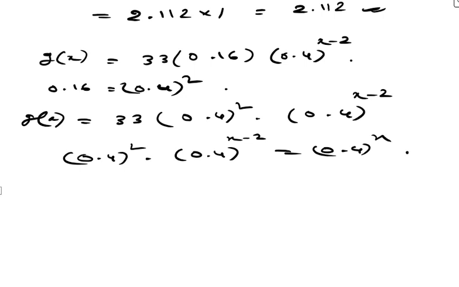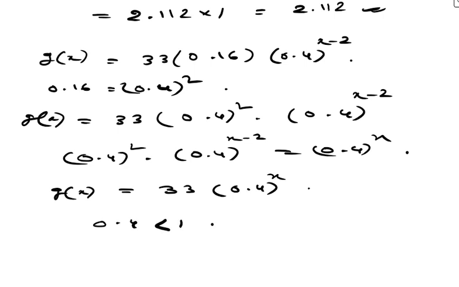So now g(x) is equal to 33 times (0.4)^x. That simplifies beautifully. Now again, since 0.4 is less than 1, the maximum occurs at x equal to 0.